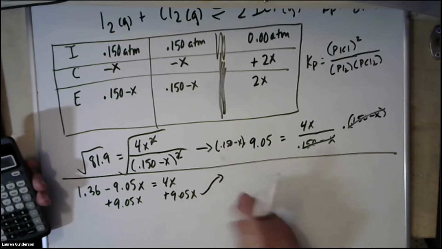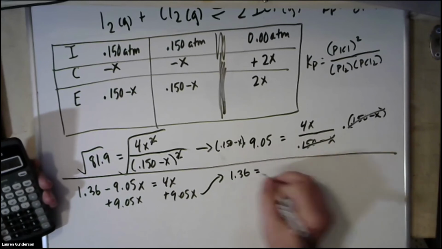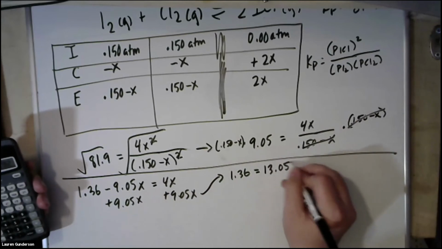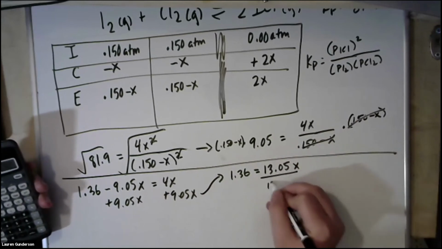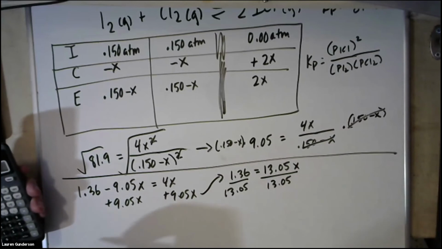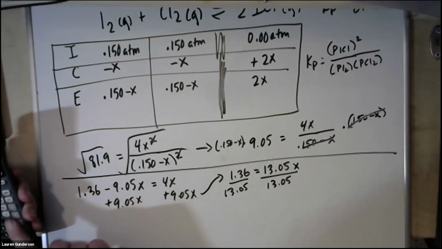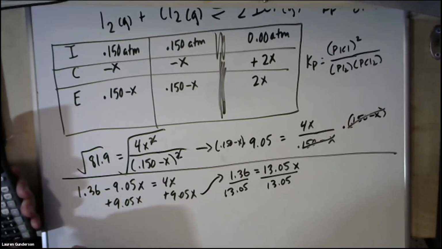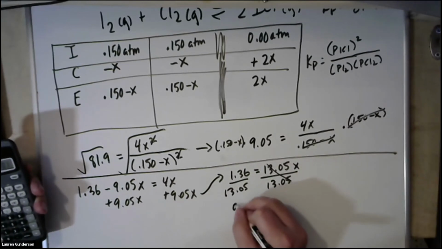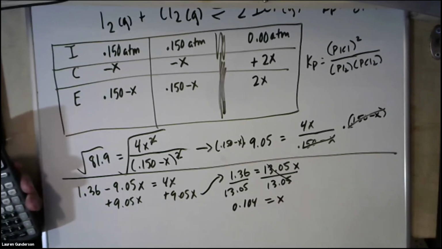Okay, continue over here so it's a little bit higher on the board. So 1.36 is going to equal 9, 10, 11, 12, 13. Don't judge me. 13.05x. And now we'll divide both sides by 13.05. We end up with 0.104 as our x value here.